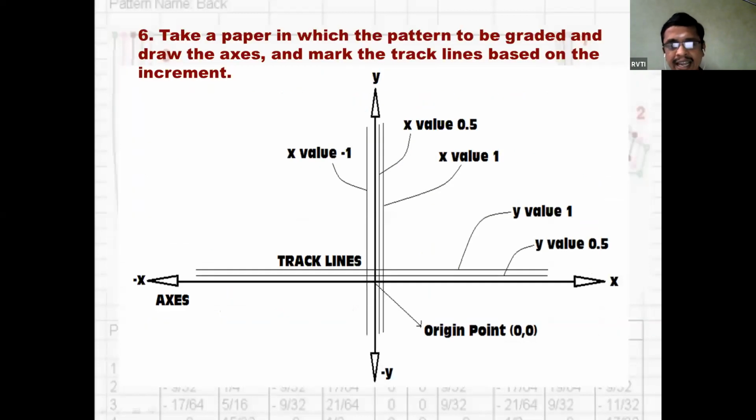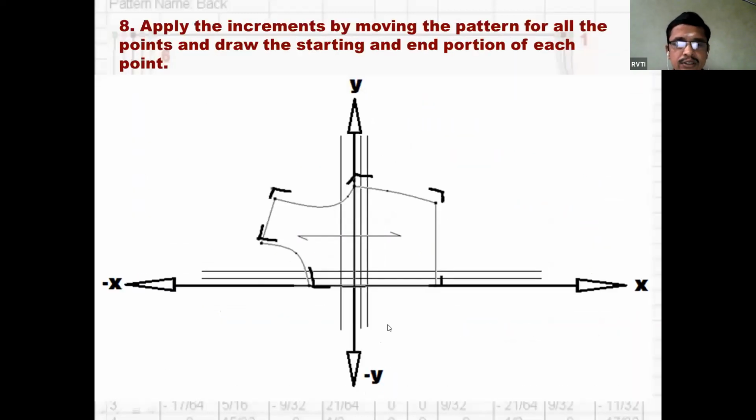Okay. What I have to do? I am just moving the pattern, X is plus 0.5. So I have to move the pattern in this direction. While moving in this direction, the pattern axis and the paper axis should match.